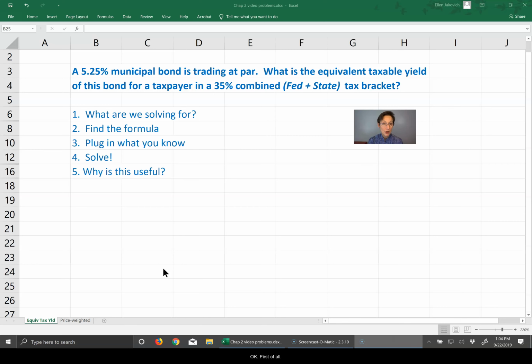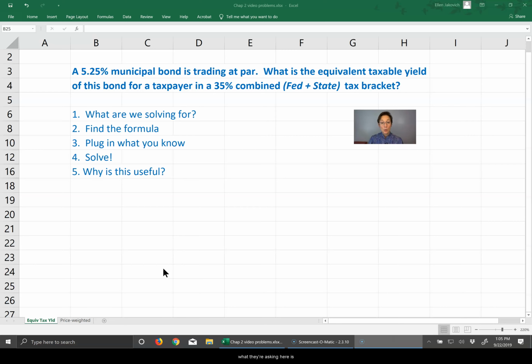Okay, first of all, a municipal bond, you buy it and you're going to receive 5 1/4 coupon payments annually, or maybe split into semi-annual. Either way, the income that you get, this 5 1/4 annual yield, is non-taxable to you. You get the whole amount, you stick it in your pocket.